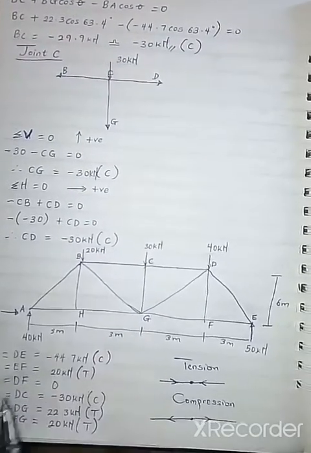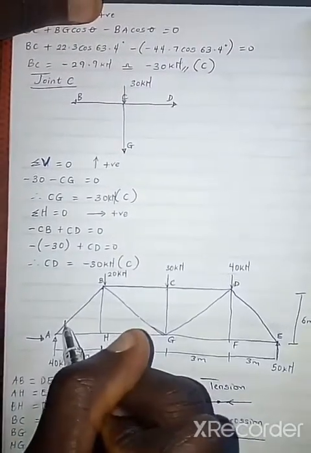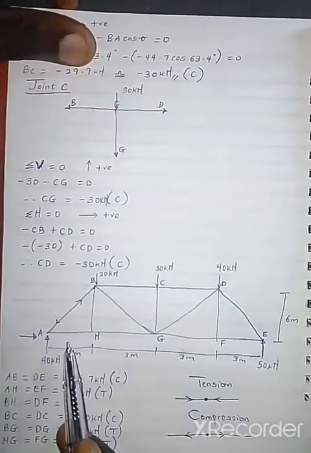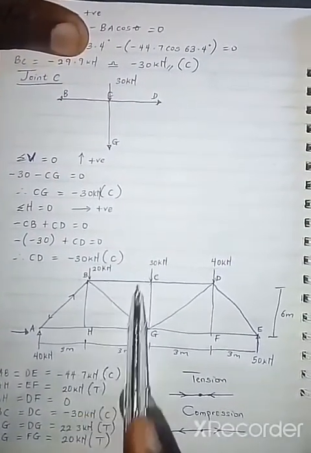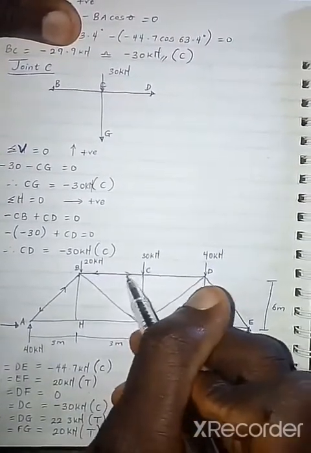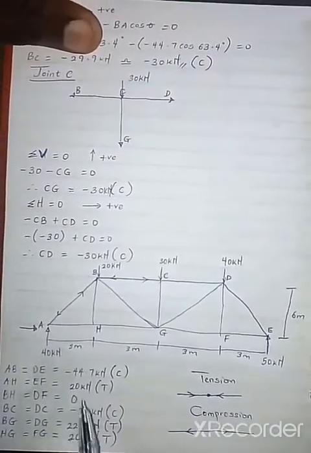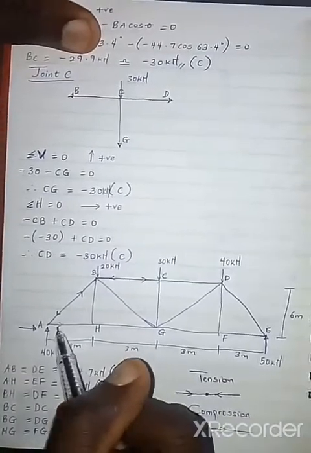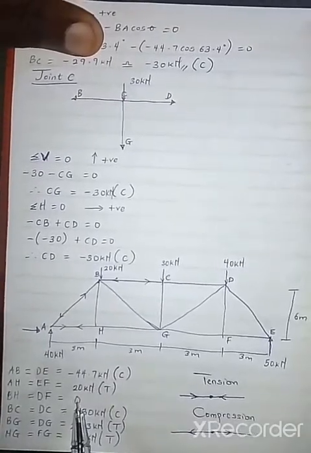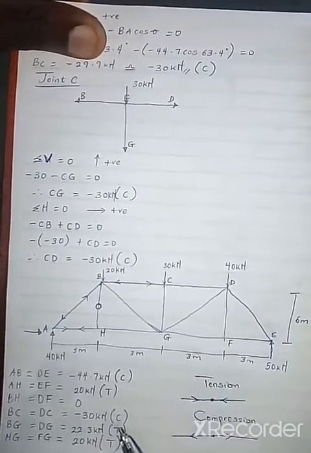So AB is minus, that's compression, so it will be like this. Then BC minus 30 compression, AH 20 tension member, then BH is 0, just write 0, it's a zero force member.